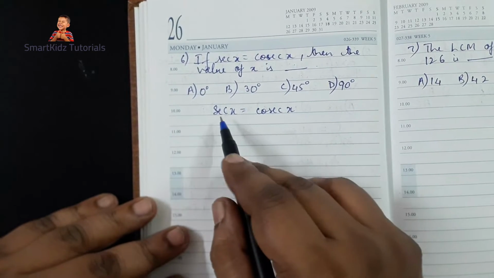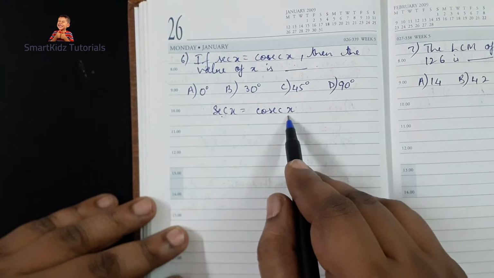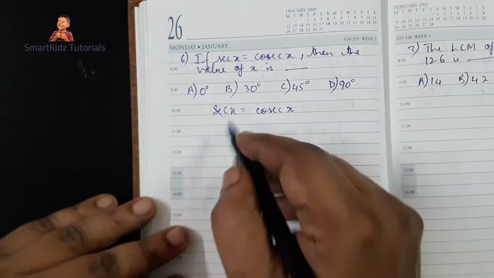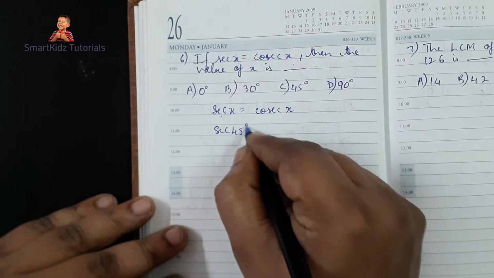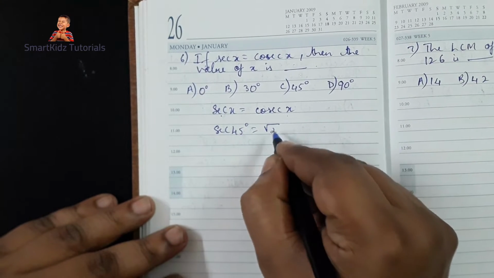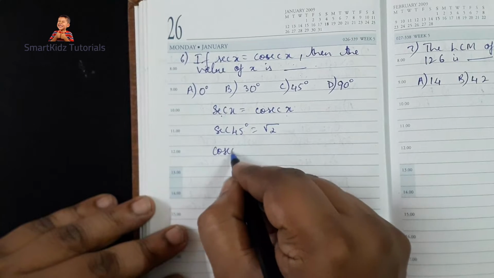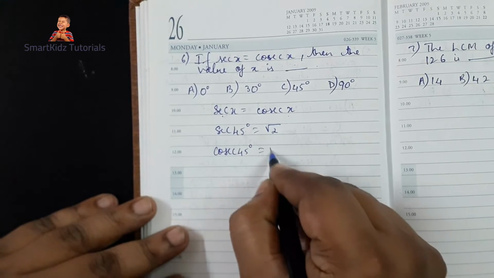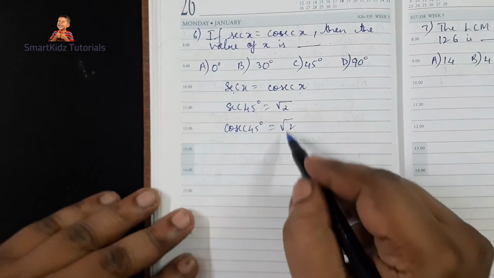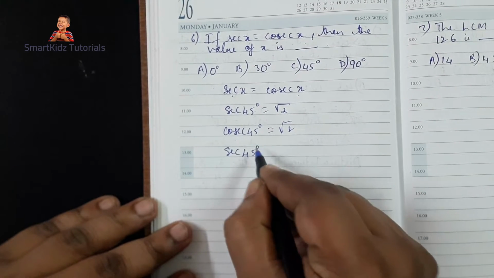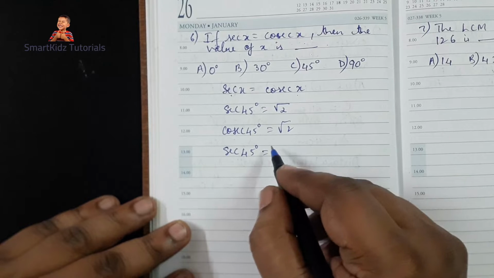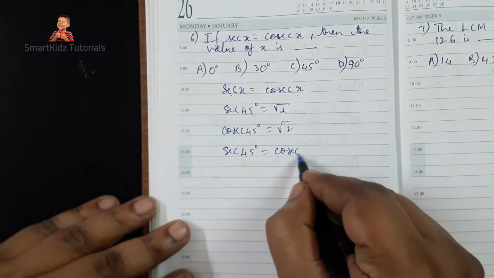Now when is sec going to be equal to cosec? If we look at sec of 45 degrees, it is root 2, and cosec of 45 degrees is also root 2. This is the special case where sec of a particular angle is equal to cosec of the same angle.